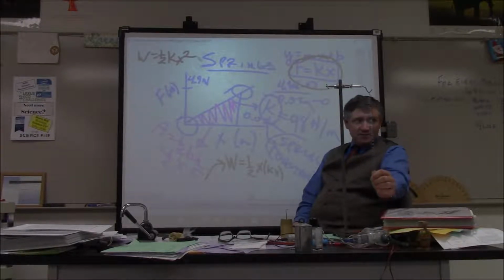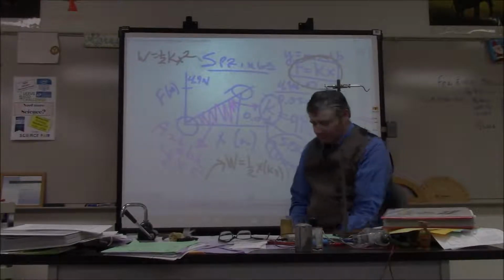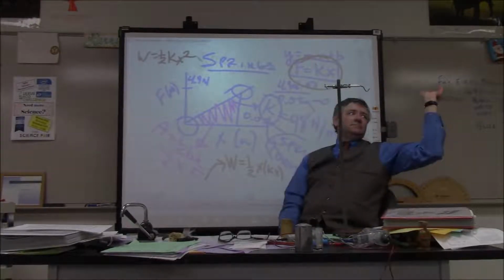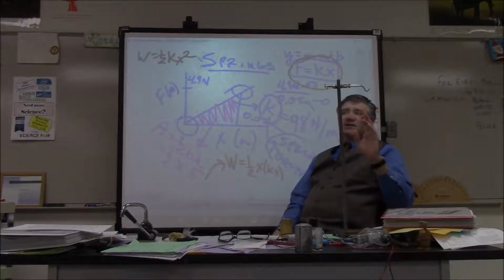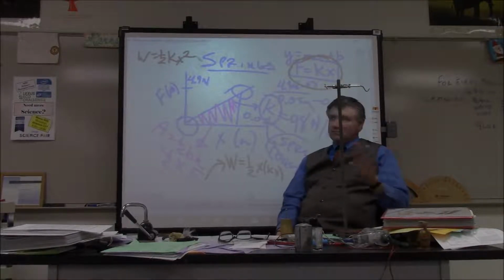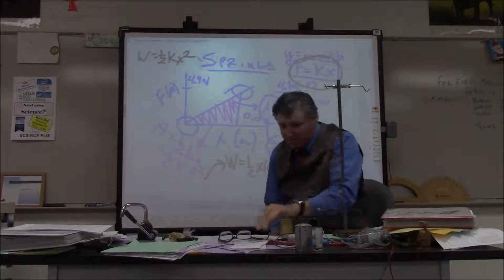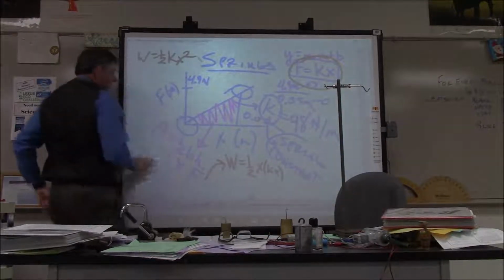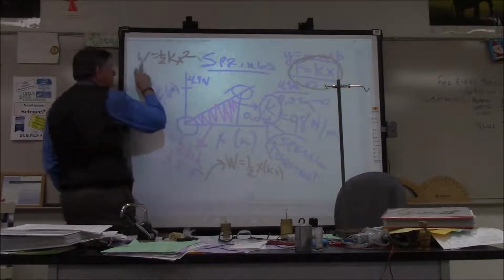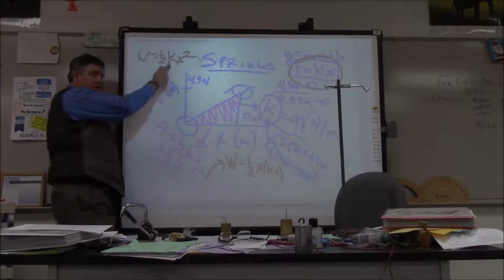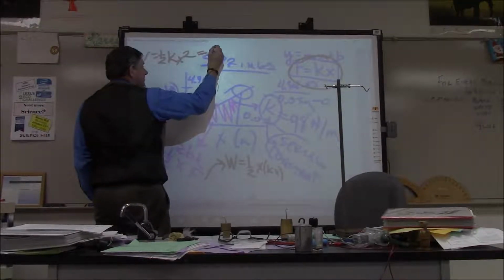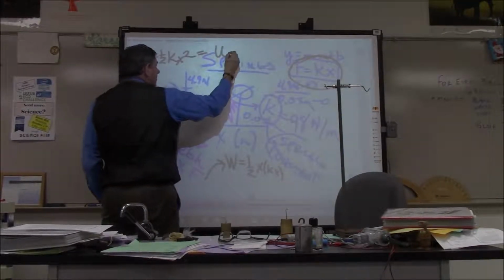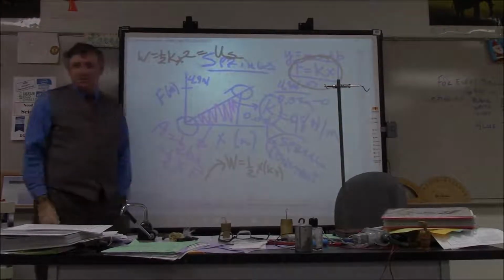When I let go of this thing, what's going to happen? Kinetic. Yeah, right? It's going to go flying up because of the fact that Mother Nature hates potential energy. Okay? Hates it. They've never gotten along and never will get along. So, if you look at this and go, okay, I did work. That's 1/2 kx squared. That's storing potential energy, which we're going to call energy stored in a spring.